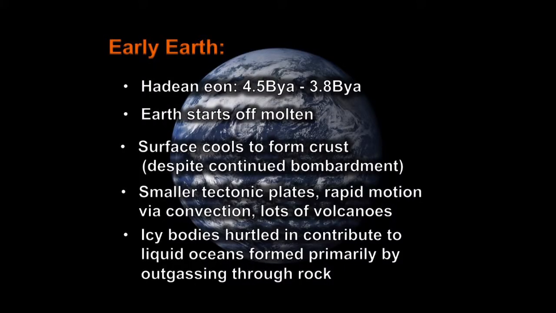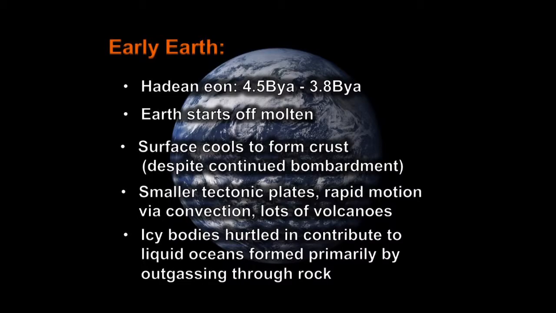The early Earth, the first eon called the Hadean: the Earth starts off molten, and the surface cools to form a crust. All of this, as Glenn mentioned last time. There's continuing bombardment as more material accretes to the Earth. The surface cools, you get the crust, it cools more and you get more crust.